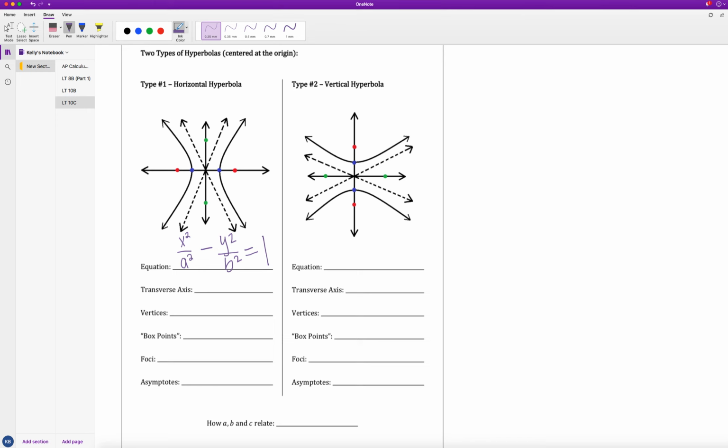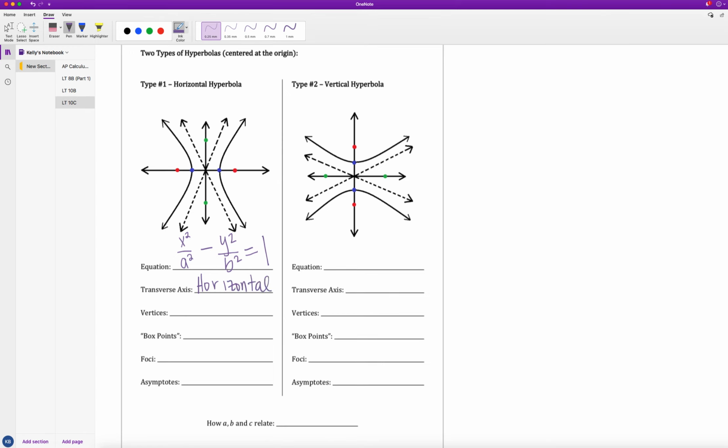A and b do not have to be in any particular order. A could be bigger than b, b could be bigger than a, they could be equal; it does not matter. But I do know that my transverse axis in this case is going to be horizontal, since it is a horizontal hyperbola.